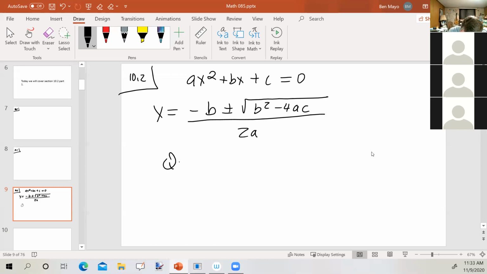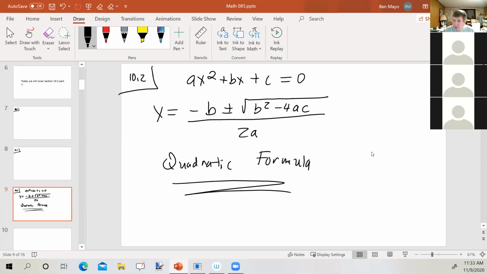And that thing is called the quadratic formula. Quadratic because of it dealing with second degree or quadratic equations.